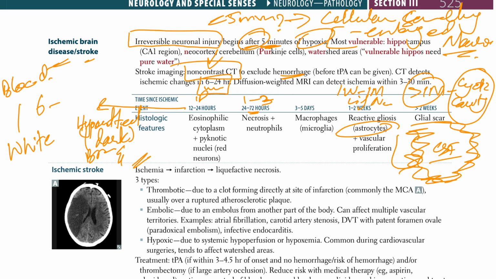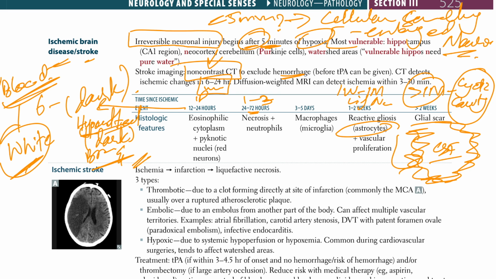Again, CT will show blood as white, and the ischemia would look like a hypoattenuated area, which is dark. Blood looks white.